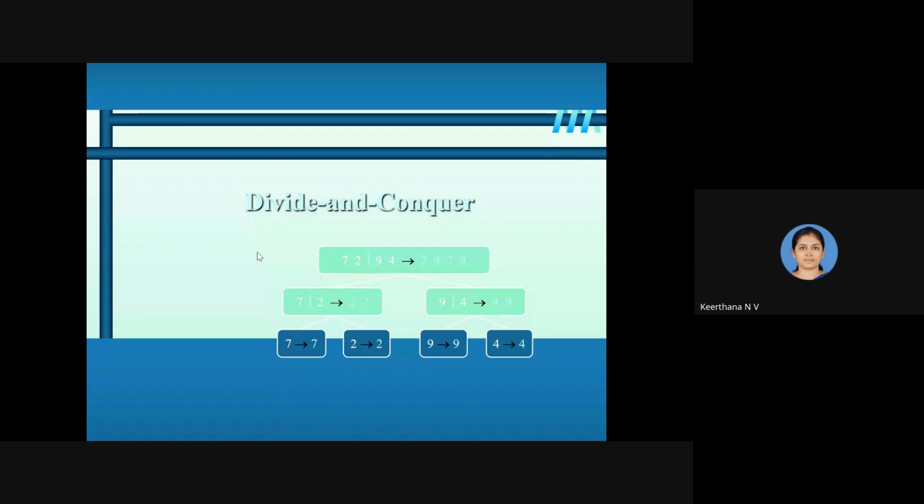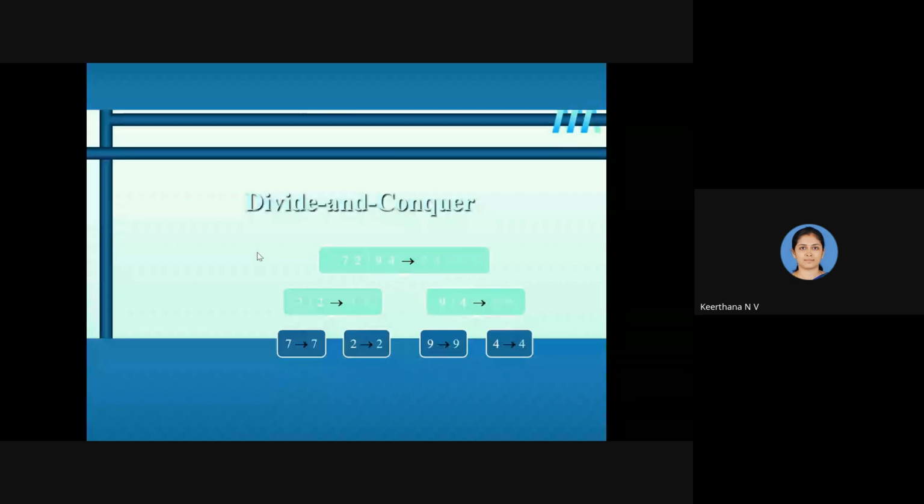At the final stage, the solution of each subproblem will be combined together to form the original solution. So this method effectively solves problems in a recursive manner by dividing them into similar subproblems.